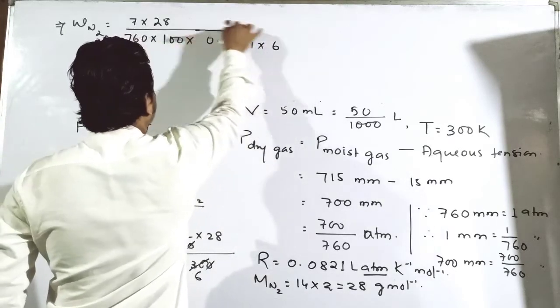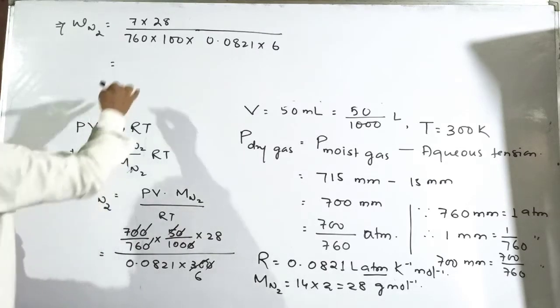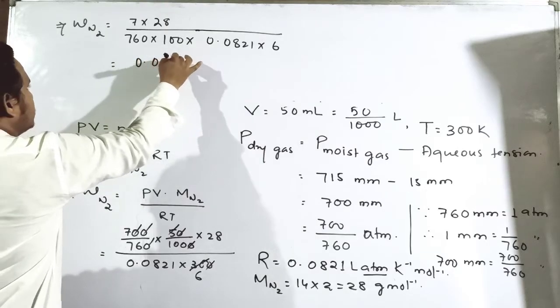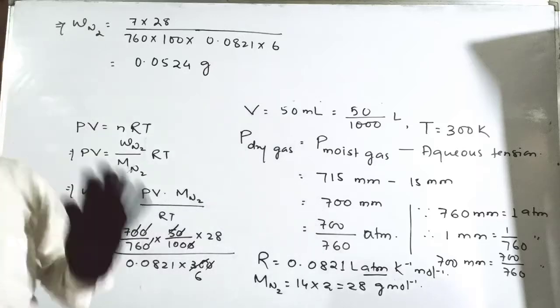Now simplifying this, after simplification we will get 0.0524 gram. So we get the given mass of N2.